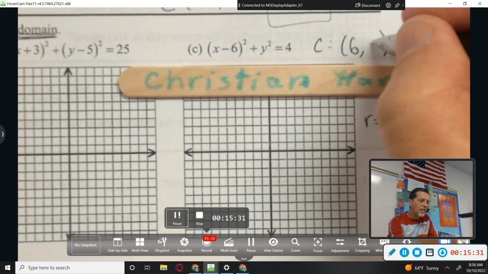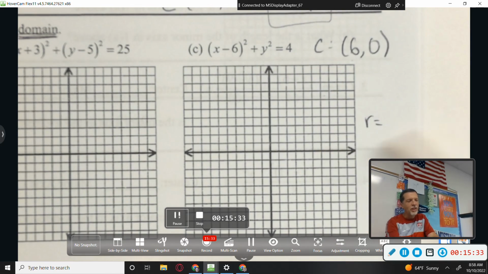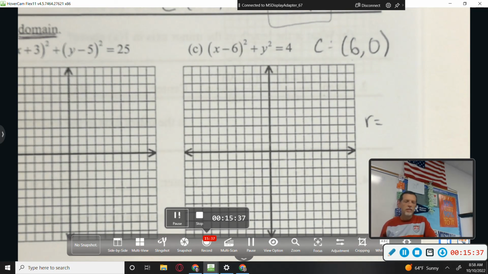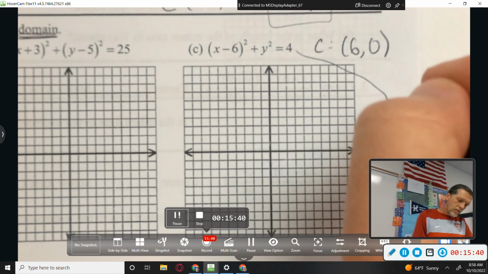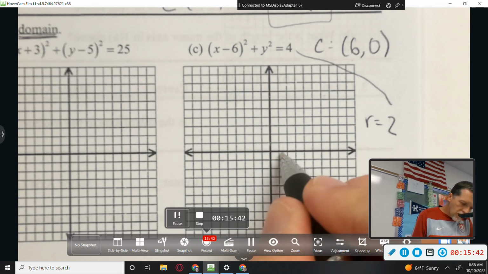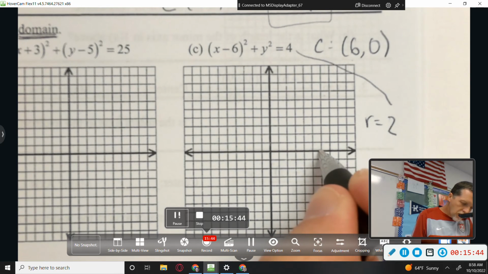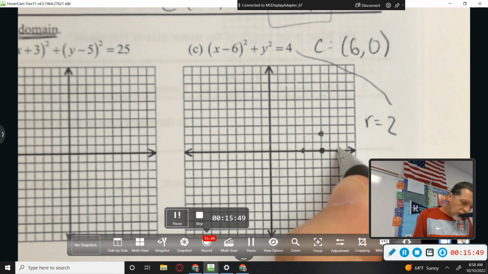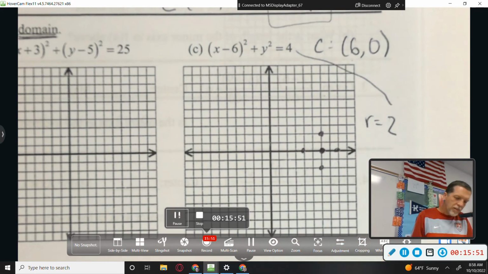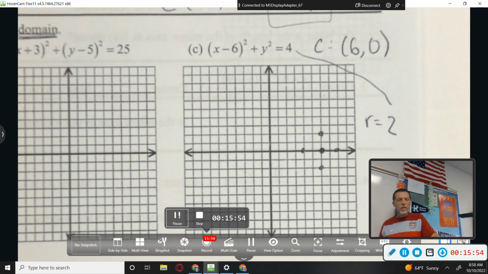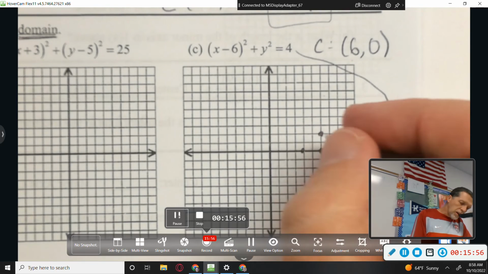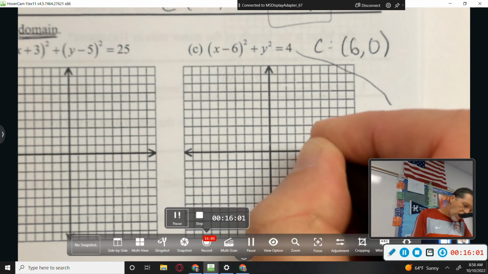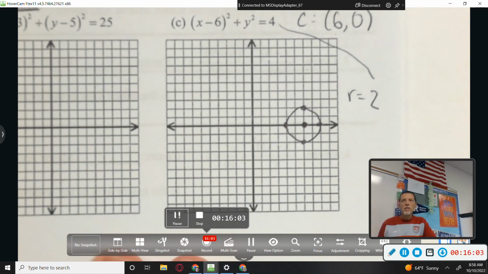And that 0 is the only thing that's kind of tricky, because there's nothing there, which means there's kind of a 0 there. So 6, 0, radius of 2. So over to 6, 0, and then 2 in each direction. Borrow a compass from Gray to get the circle just perfect. Beautiful circle.